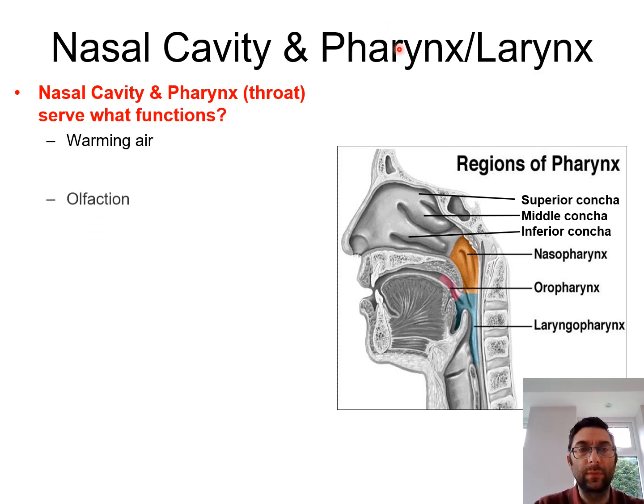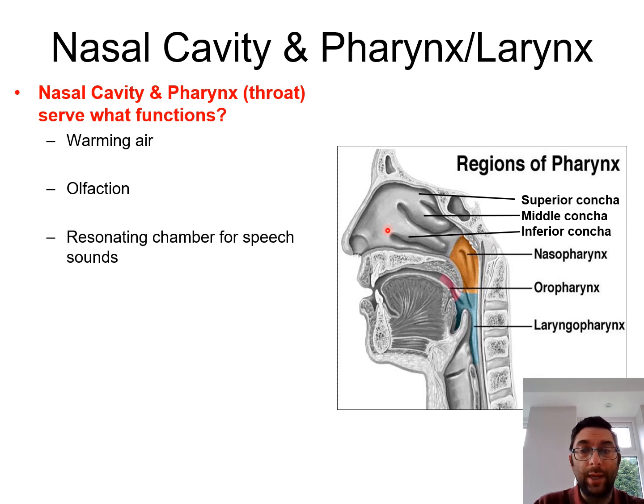Another function is olfaction, or smell, so the structures within the linings of the nasal cavity that are sensitive to different smells. It also acts as a resonating chamber for speech and sound.